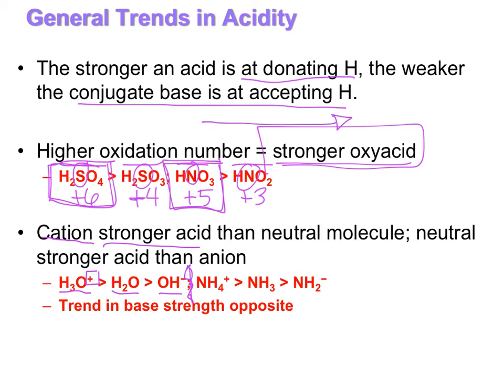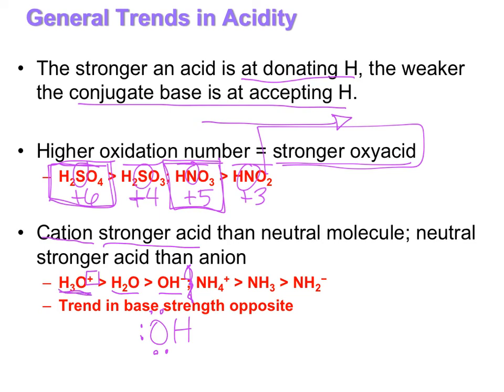The reason for this is again because of the Bronsted-Lowry definition. The Bronsted-Lowry base definition says you have to have a lone pair. On that OH-, we actually have 3 lone pairs. Because of that, it would make it a stronger base, not a stronger acid.